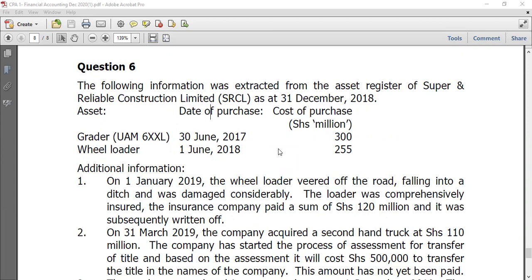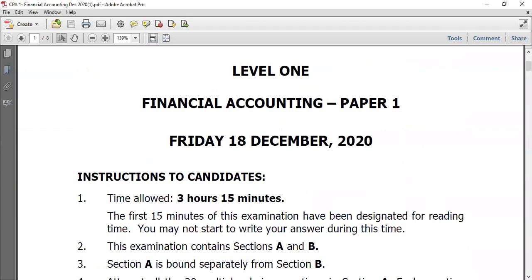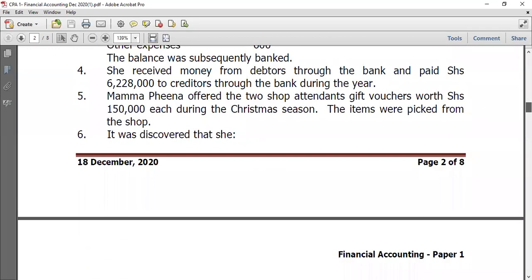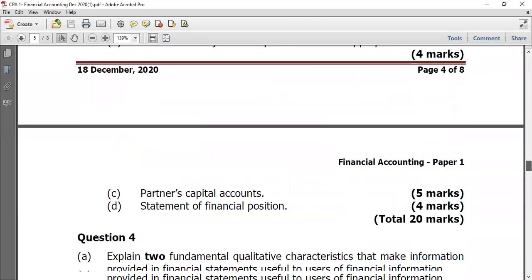So today, basically, we want to look at one of the numbers on depreciation. This question is from the December 2020 past paper for CPA, for those that are doing the CPA course.